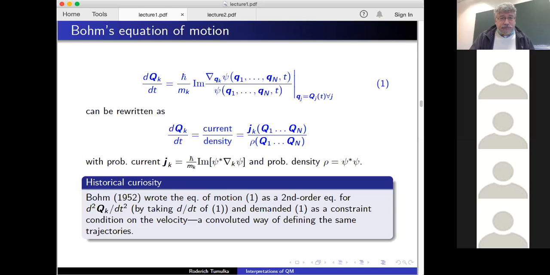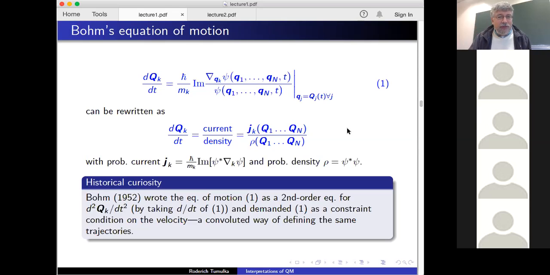Okay, so these are expressions that you have probably seen before: gradient of psi times psi complex conjugate and imaginary part of that product. Okay, now, so we will use the fact that Bohm's velocity is just the current divided by the density. That maybe fits well with the idea of a probability current transporting the probability in the direction in which the particles move. Okay, actually we will use this fact again mathematically on the next slide.